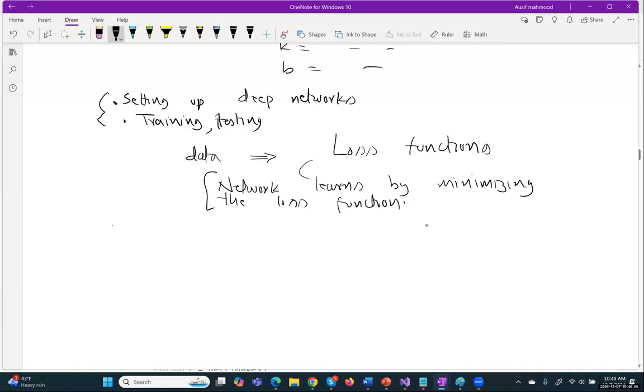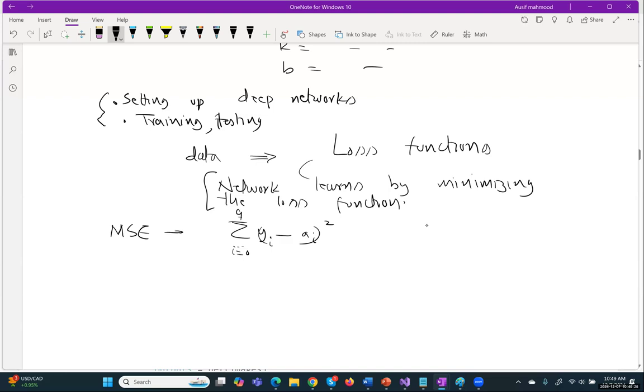So for example, we talked about MSE, mean squared error loss function, which is basically (y minus a) squared over the number of outputs we have, right? For example, if you have 10 classes, then this summation will go from 0 through 9, y of i minus a of i for all the 10 outputs.